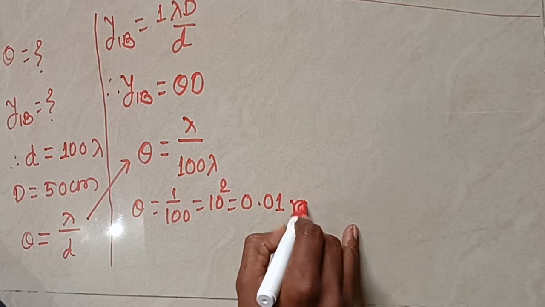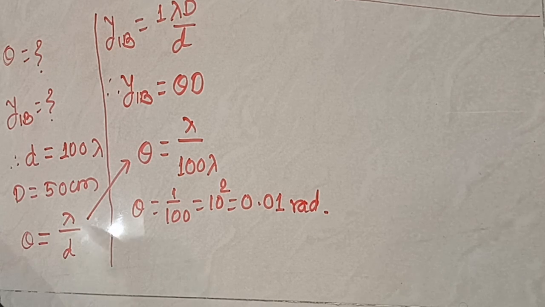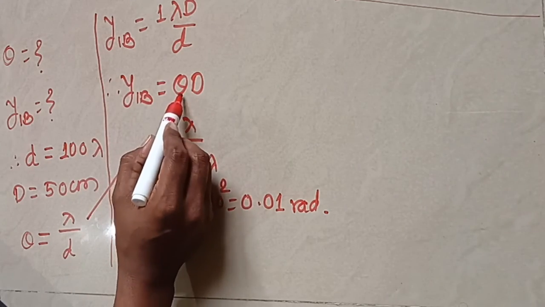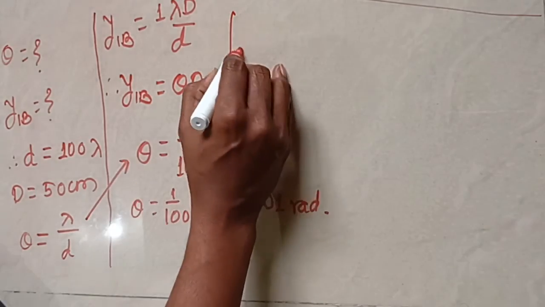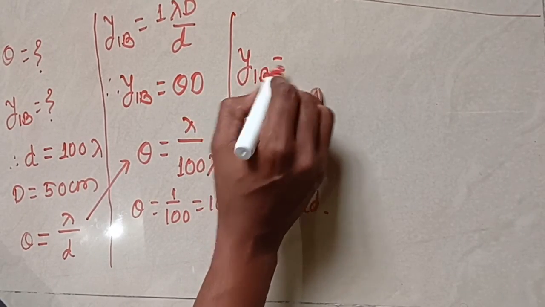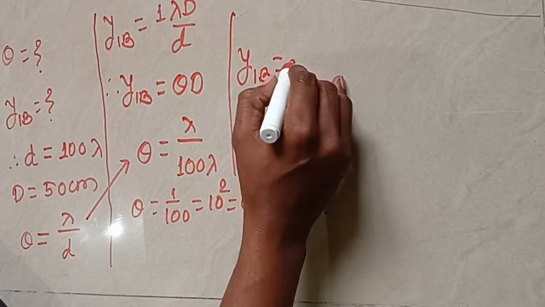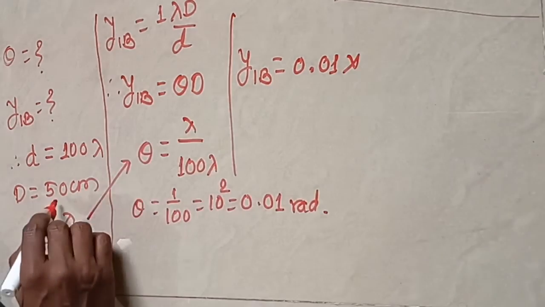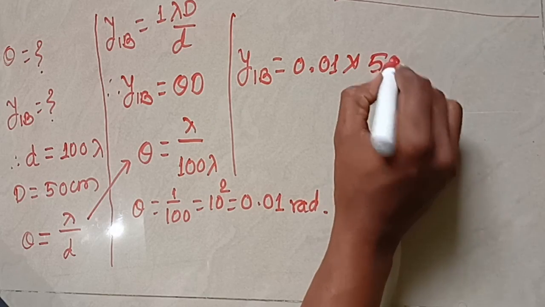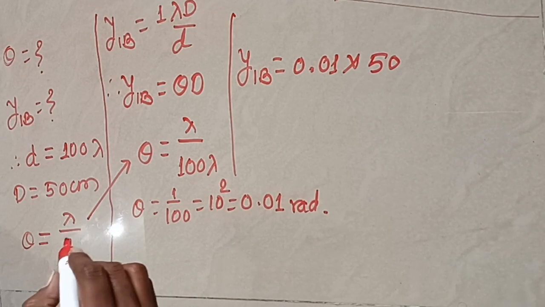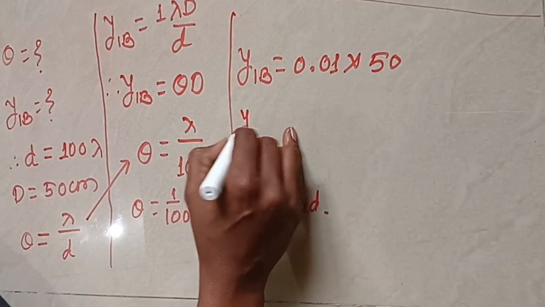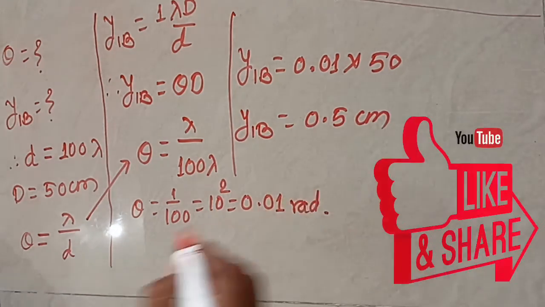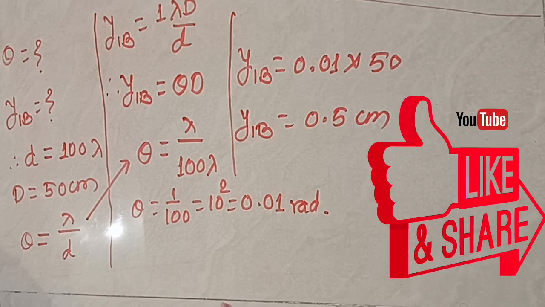Right, this is the answer for the angular separation theta. Now y1b is equal to theta D, which is 0.01 into D, which is 50 centimeter. So the answer becomes 0.5 centimeter. Okay, it is also a very simple problem.